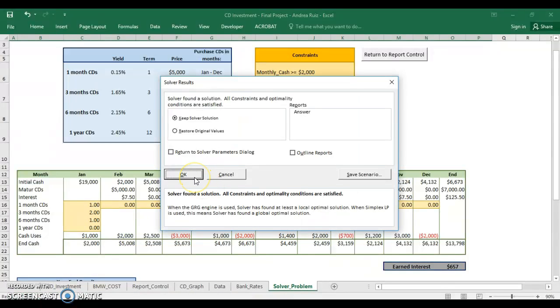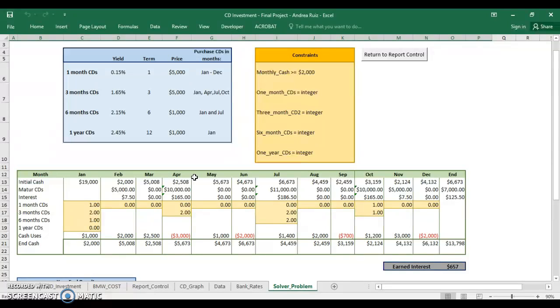And we have found an answer. So according to Solver, the maximum earned interest I can get with the 4 kinds of CDs is $657, which means I can cover the remainder of the cost of the car, and finally I can get the car of my dreams.